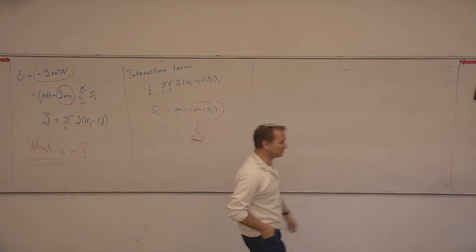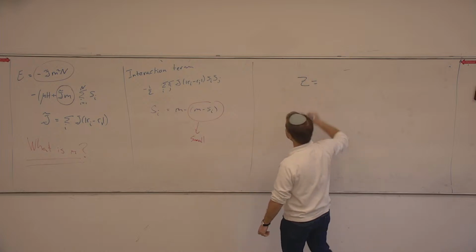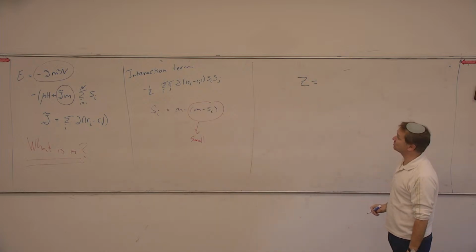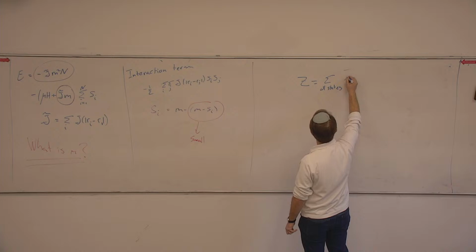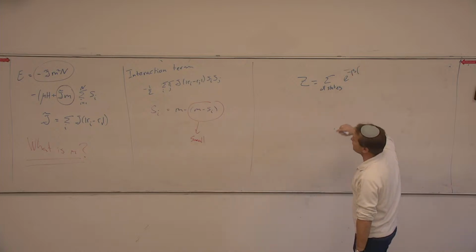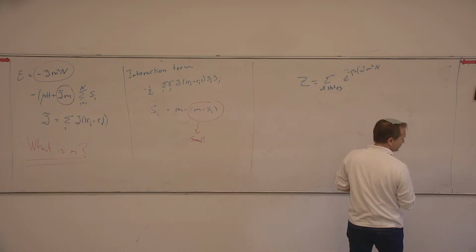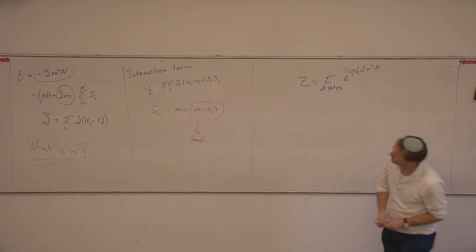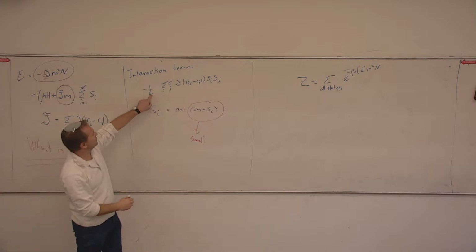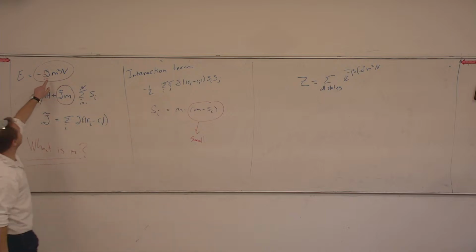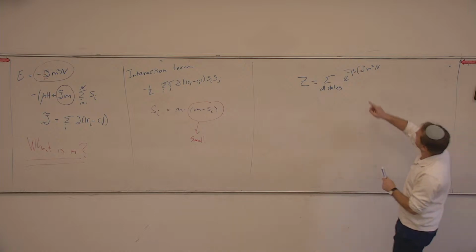Okay? What I mean by develop, let's write the partition function. So the partition function Z is the sum over all states of e to the power minus beta, and what we have here is J tilde M squared N. I think there was a 1/2 over here, it came from this 1/2.